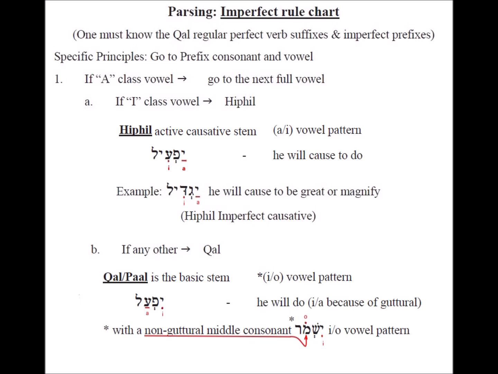If you have an A vowel under the prefix, let's say yagdil, then go to the next full vowel. If it's an I vowel, it's a Hiphil, like yagdil: he will magnify, or he will cause to be great. So that's the first rule. Anything else will normally be Qal, your simple stem.